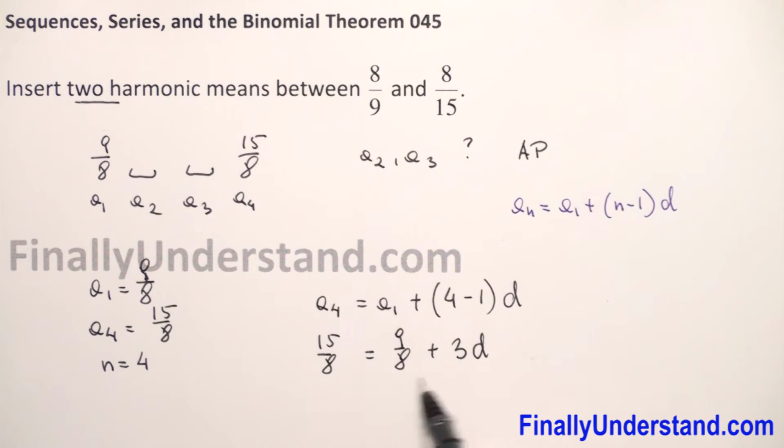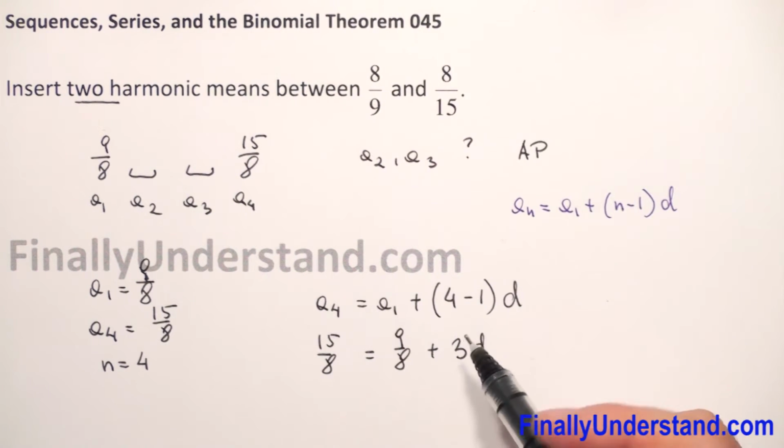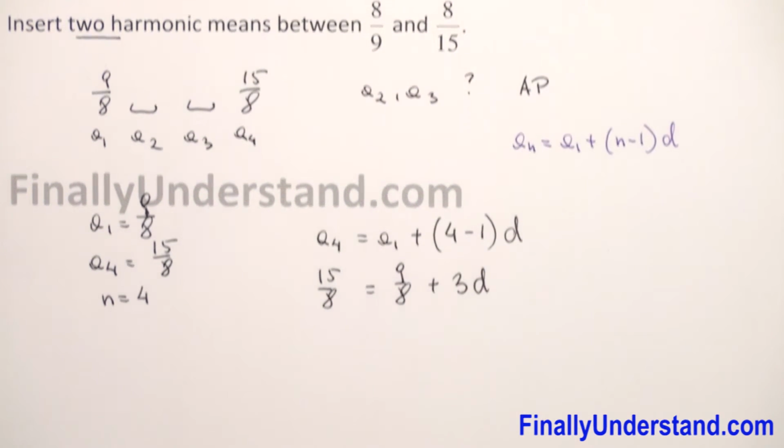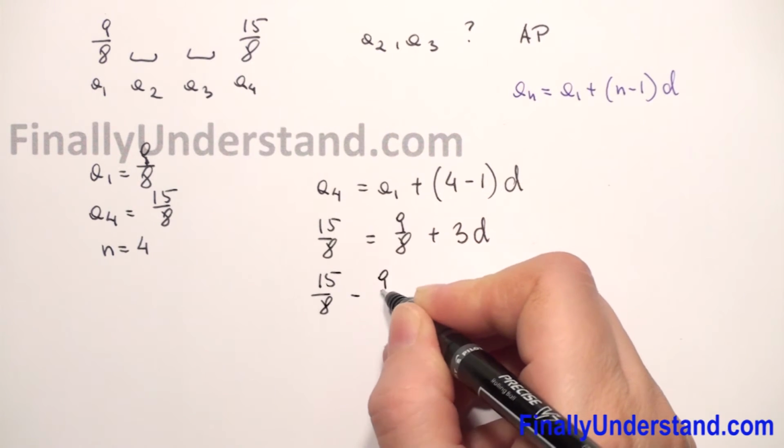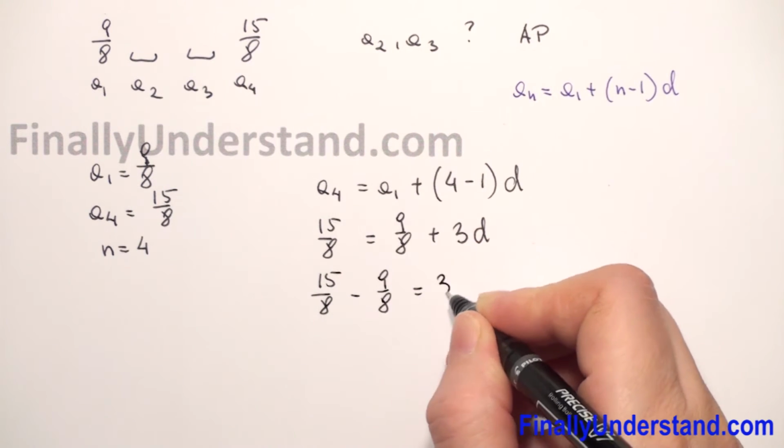Now this equation has only the common difference d, so we will solve it for d. I will move 9 over 8 to the left side. So we have 15 over 8 minus 9 over 8 equal to 3d.